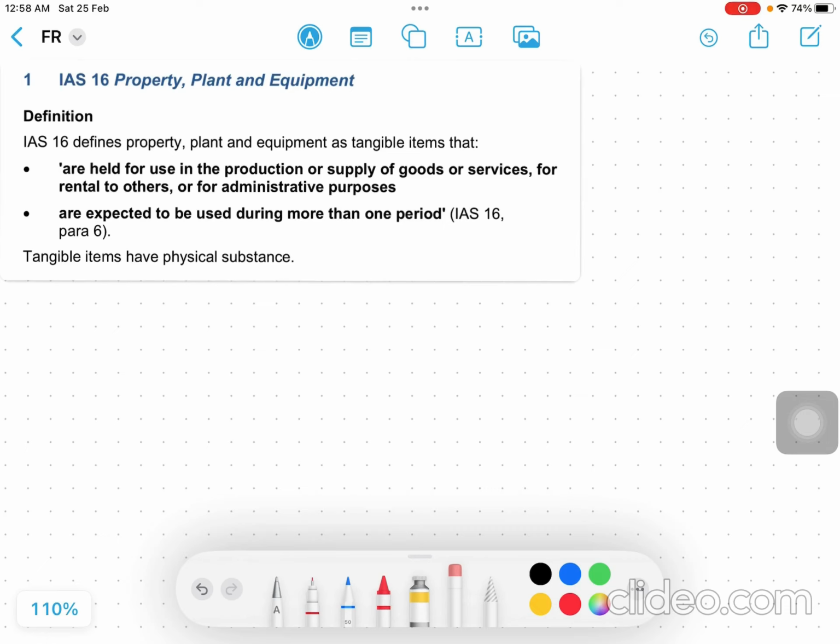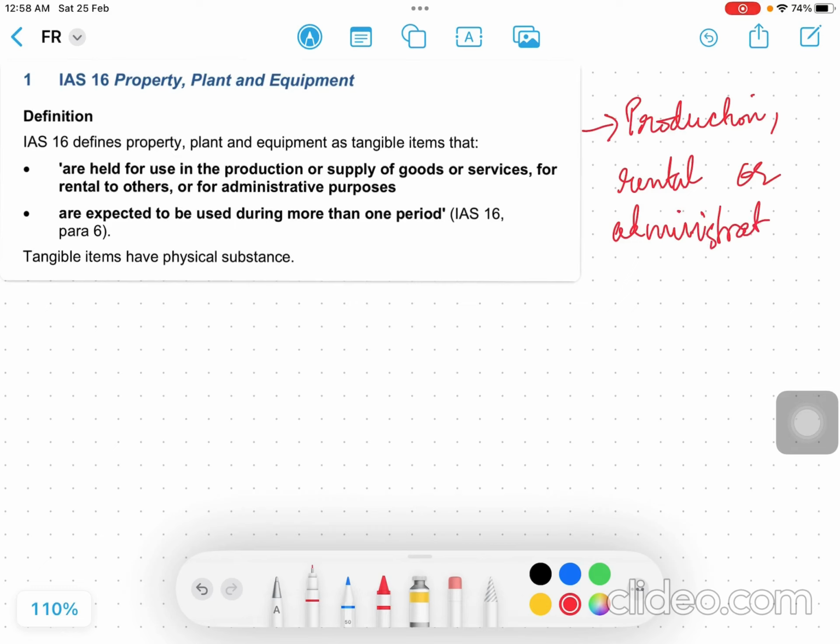So point 1 signifies that this asset is used in production, or you have been using it for rental purposes, or for your administrative purposes for your business. The second point mentions that it should be used for more than one period. In business, more than one period basically means more than one financial year.